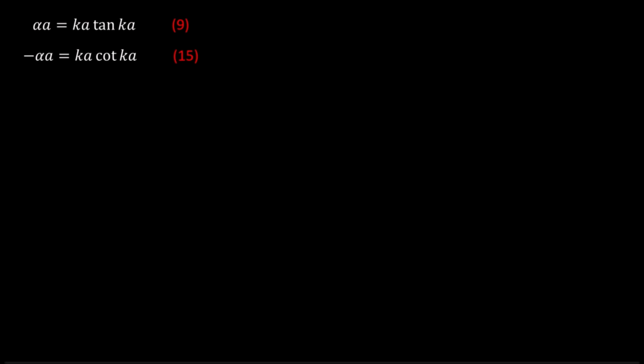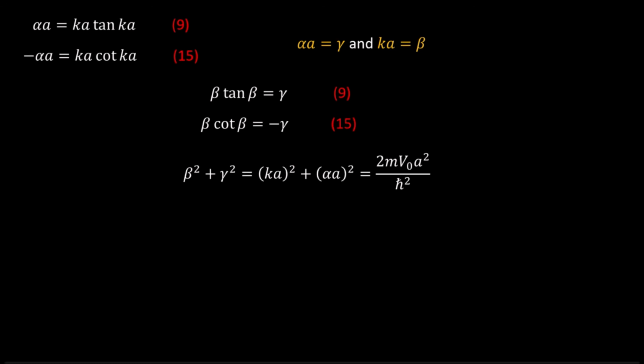So let's define alpha a equal to gamma and ka equal to beta, some other constants. Then these two equations become beta tan beta equal to gamma and beta cot beta equal to minus gamma. Then if we add beta square plus gamma square, this will be 2m v0 a square by h cross square.